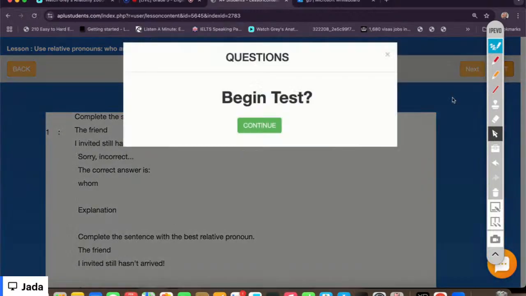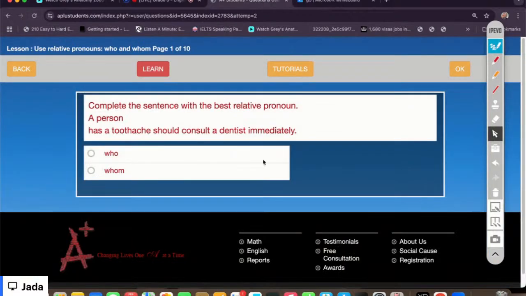Alright, so we'll move on to the test and you can share your answers with me. Complete the sentence with the best relative pronoun. A person dash has a toothache should consult a dentist immediately. Who or whom?